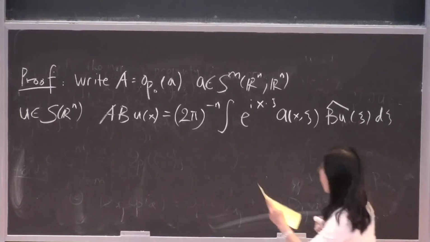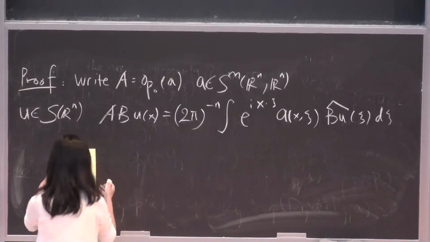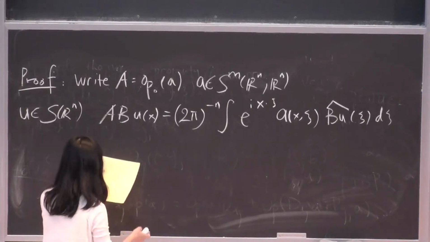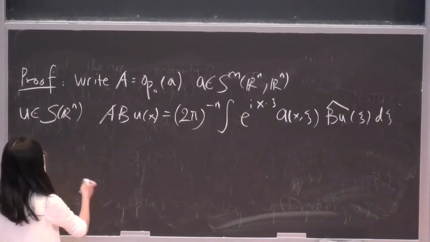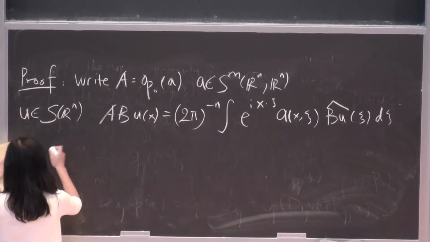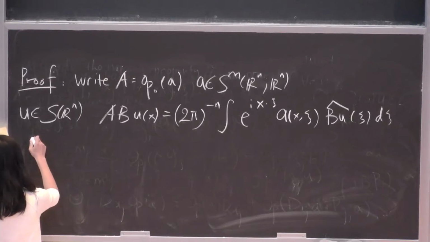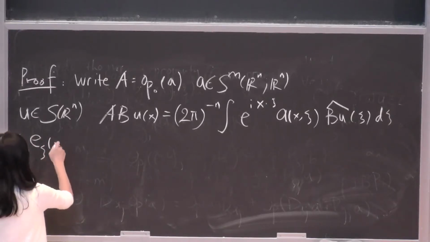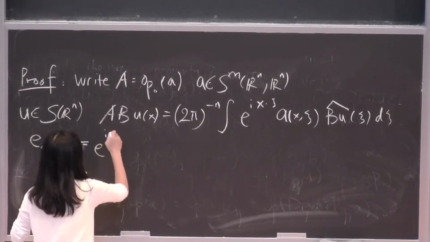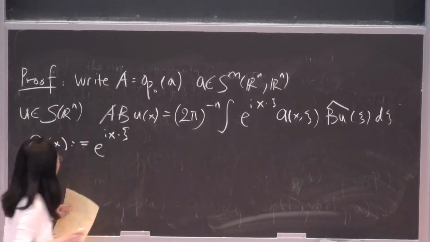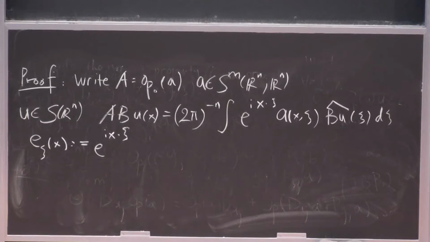Now what I'm going to do next is something called the oscillatory integral test, but let me first write out the thing I need. Let me define E_ξ(x) to be e^{ix·ξ}. I'm just introducing a notation here: this is a function of x, but has ξ as a parameter.